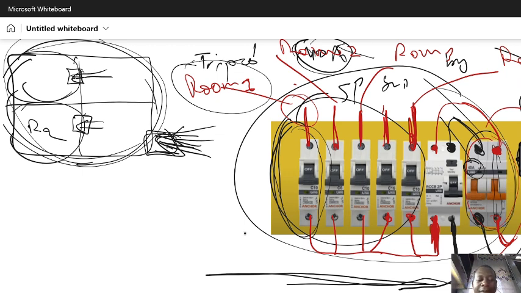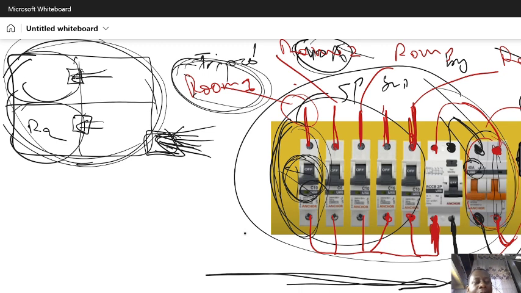Now let's see. We have the reading here, 10 ampere. It means that if the current going to this room exceeds 10 ampere, this will trip. This one will be off. The room will be off because the current exceeds the rating of this circuit breaker.